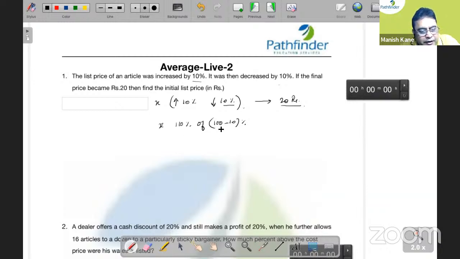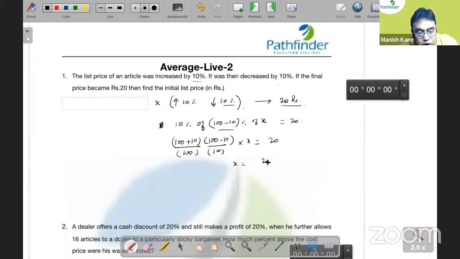So 110% of X times 100 minus 10% should give you 20 rupees. 110% is nothing but 100 plus 10, and 90% is 100 minus 10. And because it is percentage, 110% can be written as 100 plus 10 divided by 100, and 90% can be written as 100 minus 10 divided by 100, into X is equal to 20.